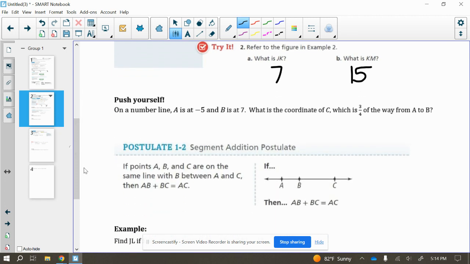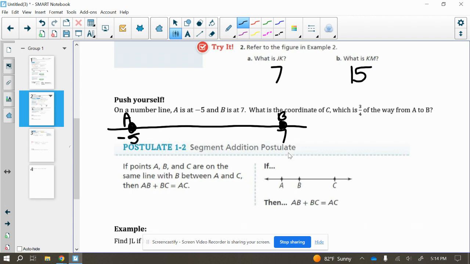Now, what happens if we don't want to go an entire distance? For instance, on our number line, we have 1 point at A, and that's located at -5. And then we go all the way over here to point B, which is located at the number 7. And we want to put a new point somewhere on this line called C, but it's only 3/4 of our original distance.